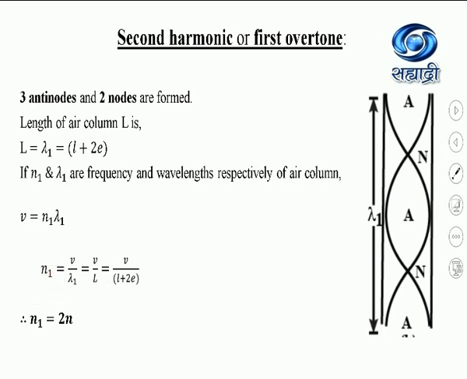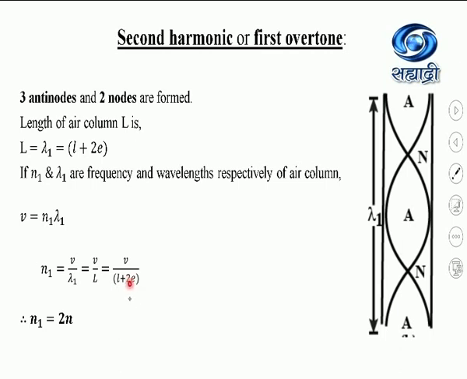Therefore velocity of the wave in this mode can be written as V equal to N1 lambda 1. In this mode, frequency is N1, which is equal to V upon lambda 1. Lambda 1 we have already got in the previous equation, which is capital L, and capital L is small l plus 2e. So therefore frequency in this mode of vibration N1 is equal to V upon (L plus 2e).